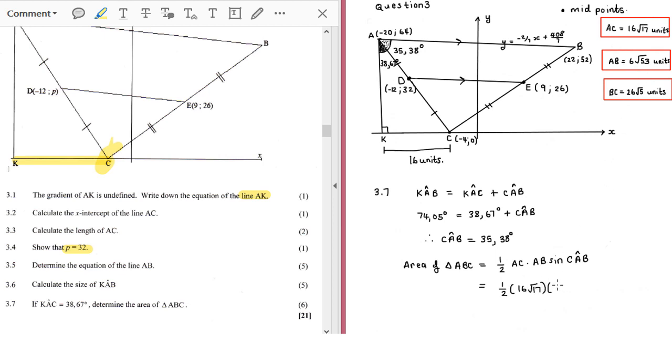AB is 6 root 53. And we're taking this for the sine of 35.38 degrees. If you work all of this out in your calculator, you get that the area of this triangle ABC is approximately equal to 834.22 units squared. Right, so that brings us to the end of question number 3.